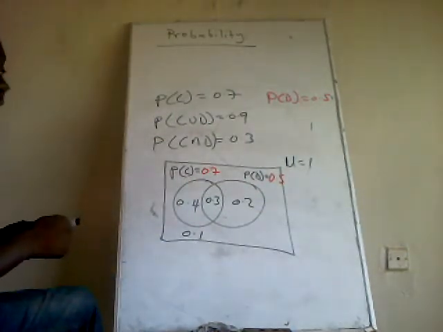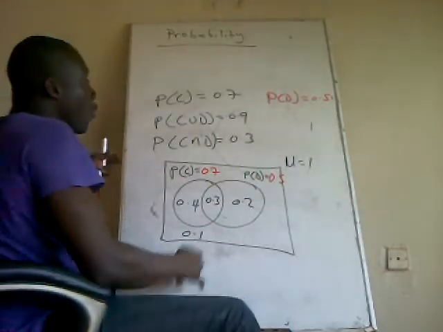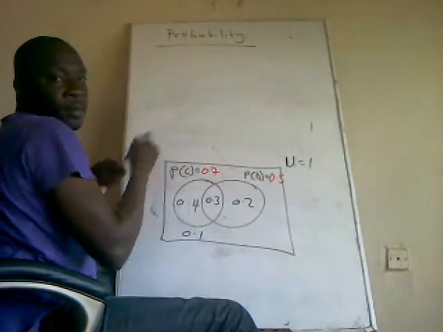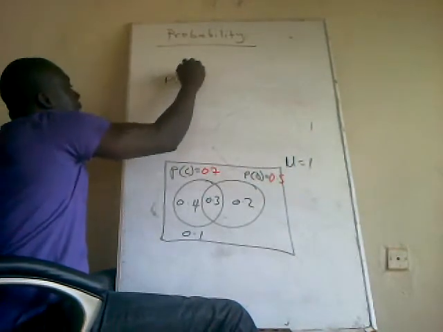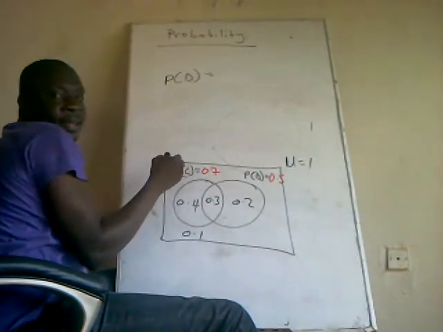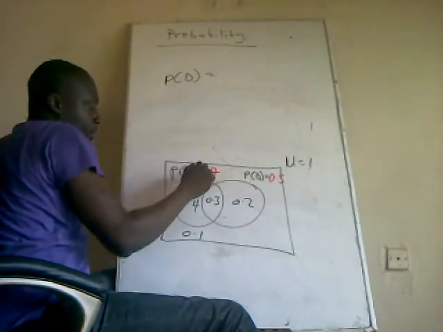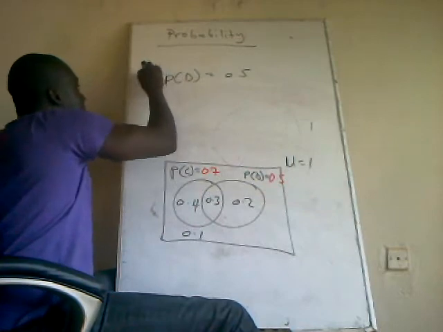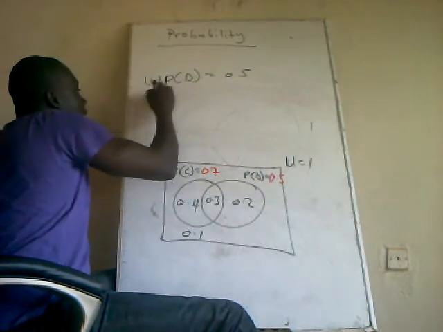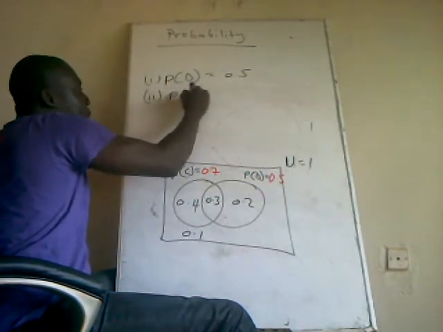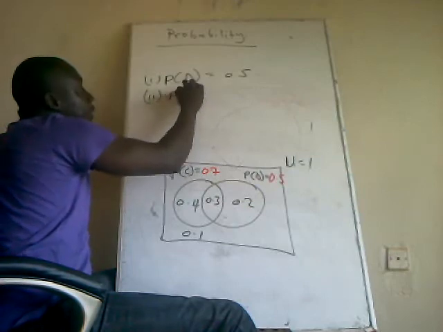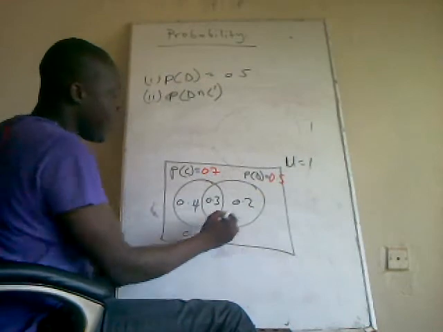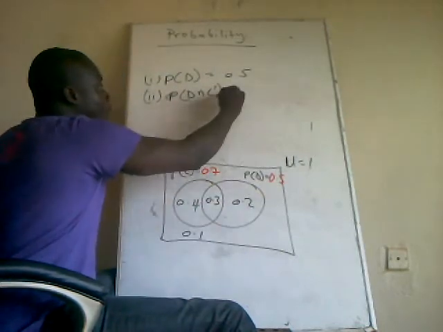Okay, the question says first, we are supposed to find P of D. And P of D clearly is 0.5. Next, we are supposed to find the probability of D intersection C prime. That is D only. And that one is here, right? 0.2.